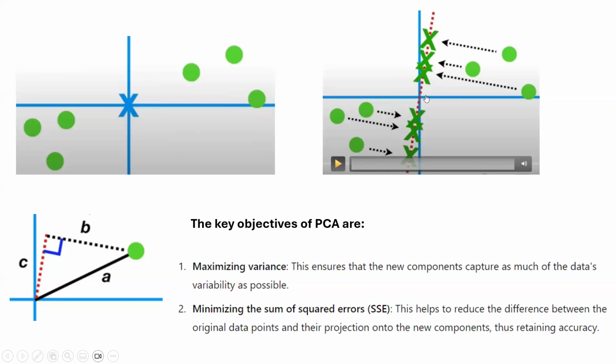What is variance? Variance is the spread of the data, right? Spread of the data from the mean is called variance, right? Now, when you projected the points onto this, what is the variance? Variance is nothing but this distance, right? From the mean to this. So this describes the variance. The spread from this side to this side, that whole distance describes the variance, right?